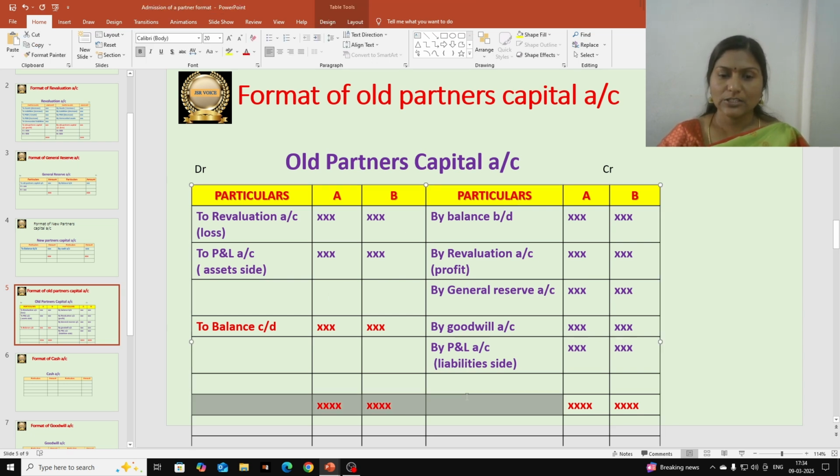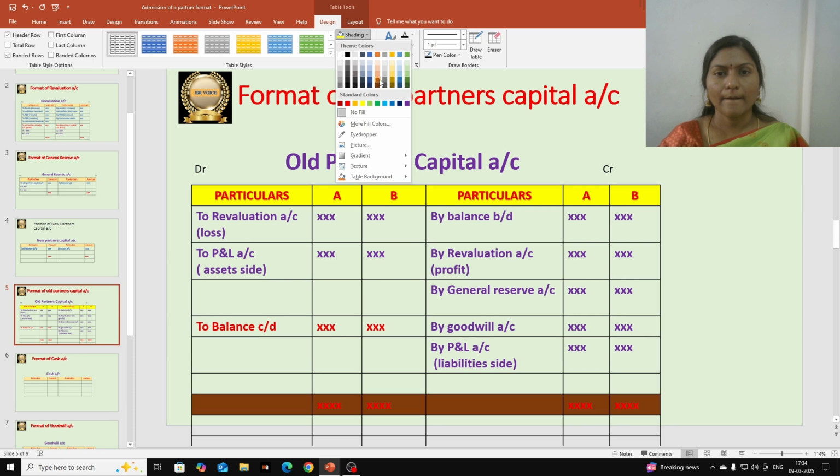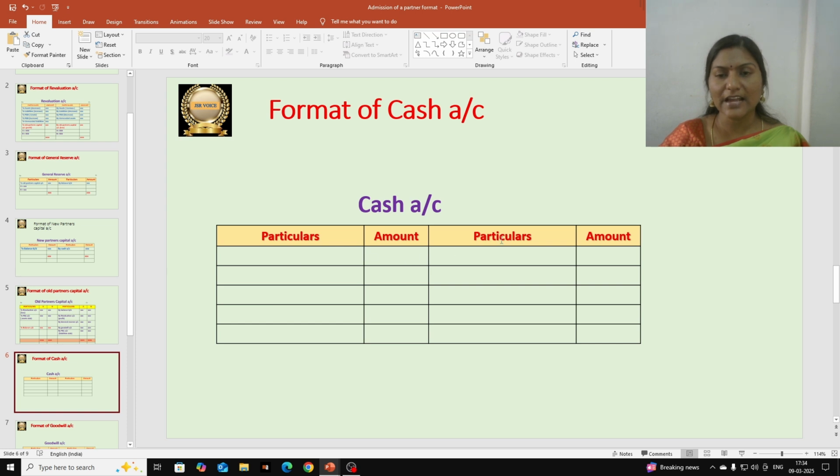Okay, I just changed the color of this box so that it will be good for everyone. These are totals. Okay, so this is how we prepare old partners capital account. Let us go to next account, that is cash account.